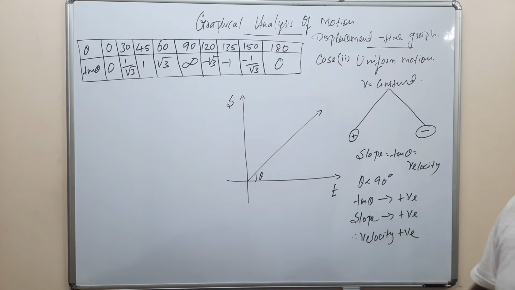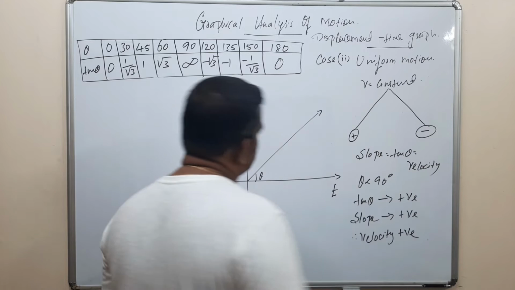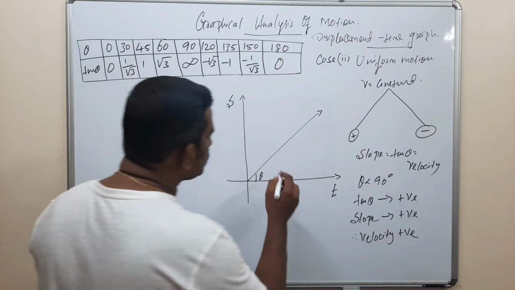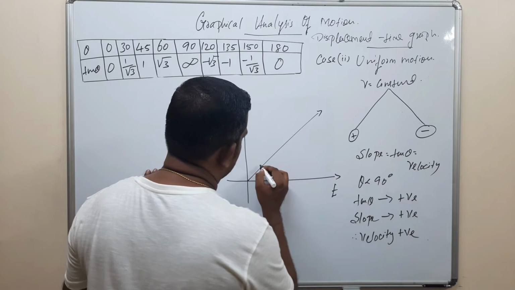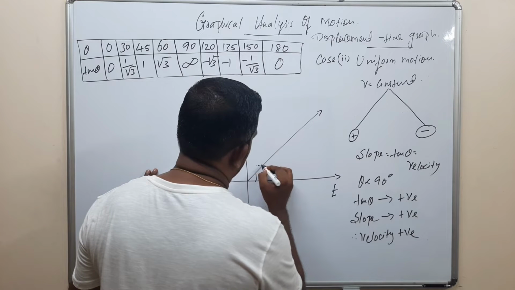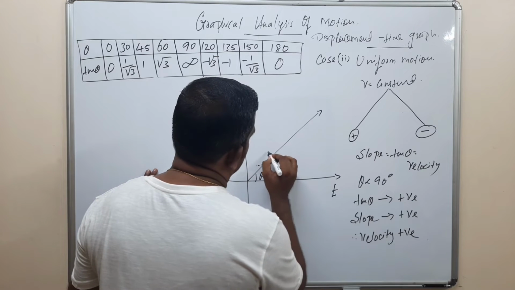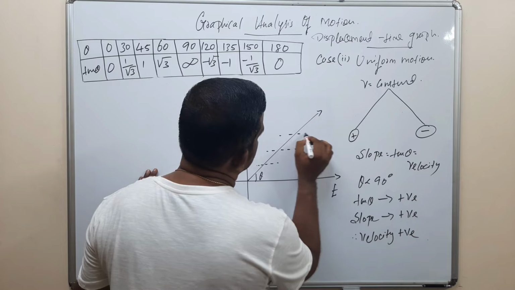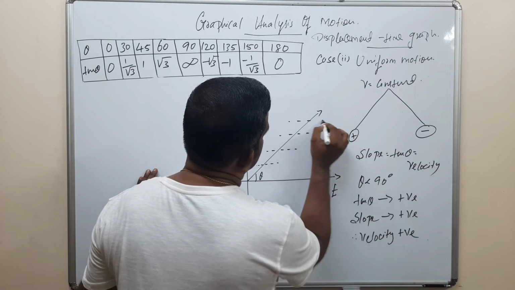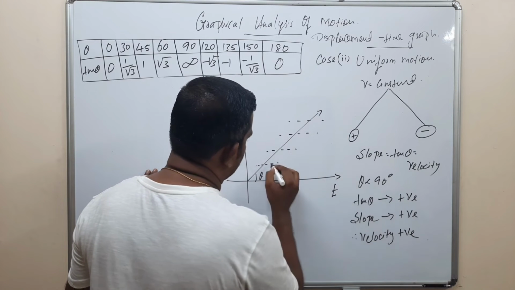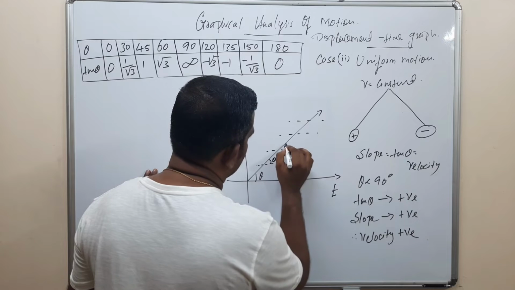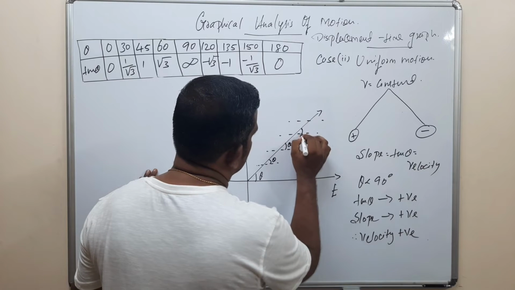Then velocity is equal to constant. So at each and every point, if you find the slope, it gives the same slope. That is, slope is constant. Here also theta, here also theta.